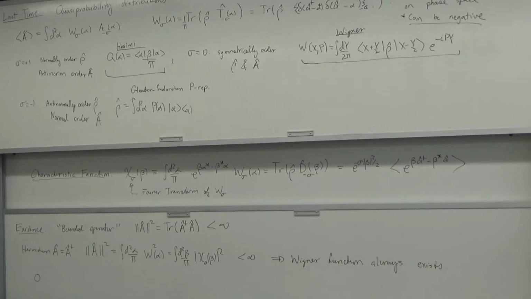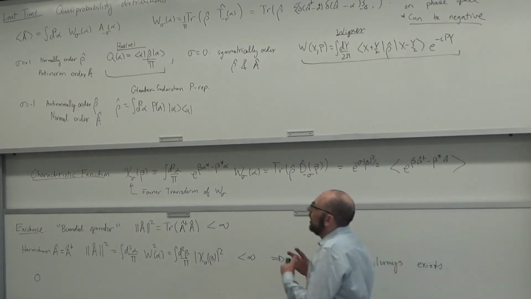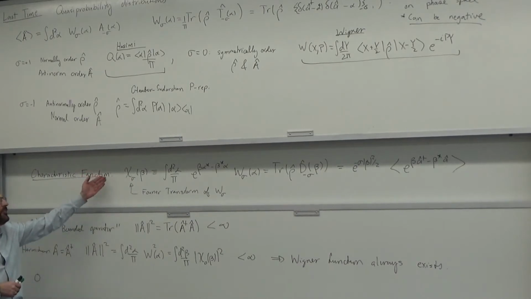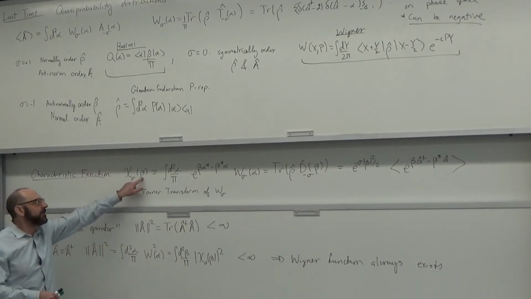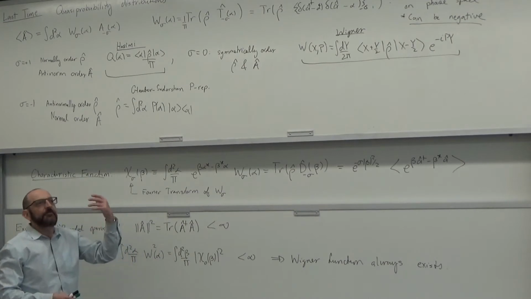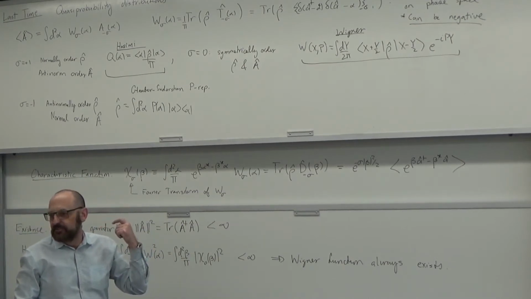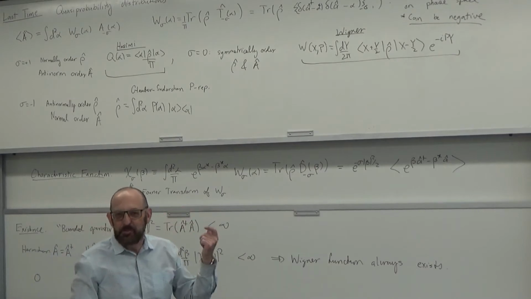Now, the characteristic function is also a useful mathematical tool because it is the generating function of moments. So if I take the derivatives of this at the origin of phase space, I find out the nth order derivatives are related to the nth order moments.